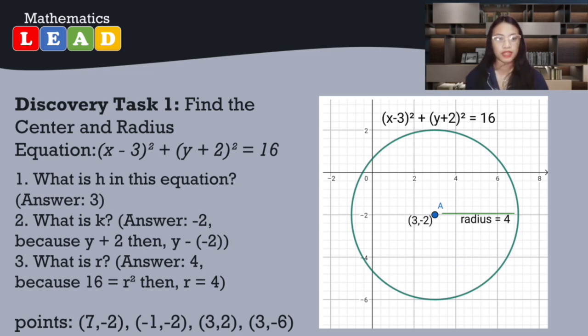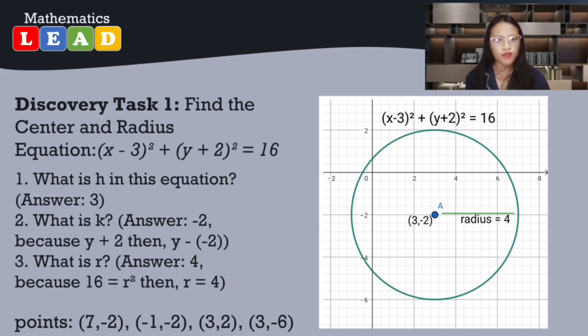How do we plot the points and draw a circle? First, use the equation to find the center and the radius. And we already have the center and radius, which are (3, -2) and 4. Second, plot the center using its coordinates: 3 for the x coordinate and -2 for the y coordinate.